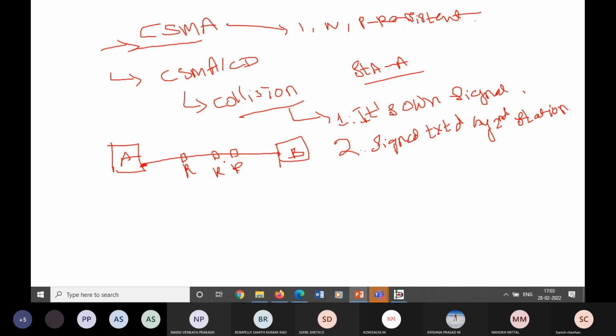So this means in a collision, the detected energy almost doubles.